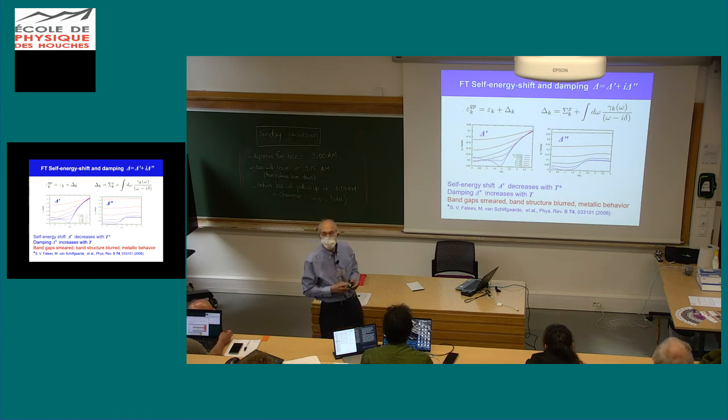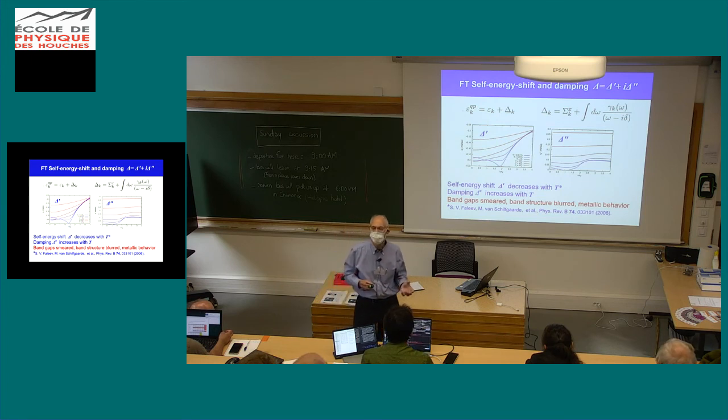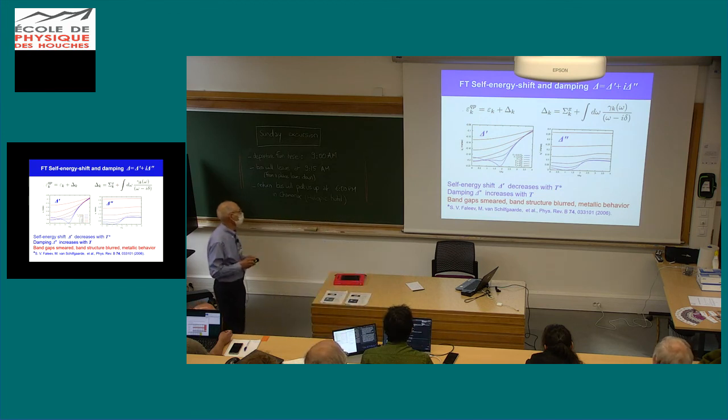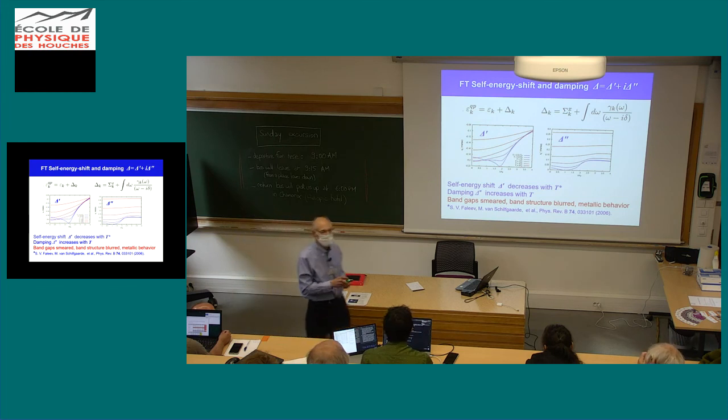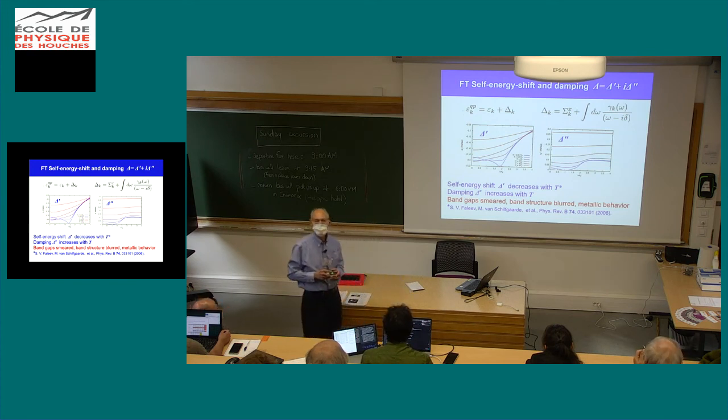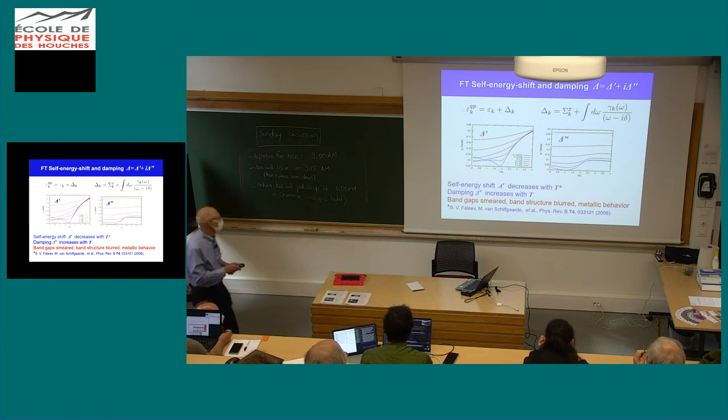And that means that you're sort of like in a dense plasma. You're really nearsighted. Everything is metallic. It's kind of interesting. And all the band gaps are smeared. The band structure is blurred. Forget the band structure. You get away with sort of damped free electrons. Very nice.